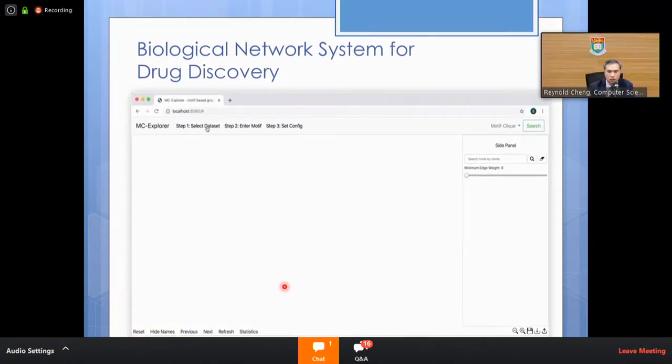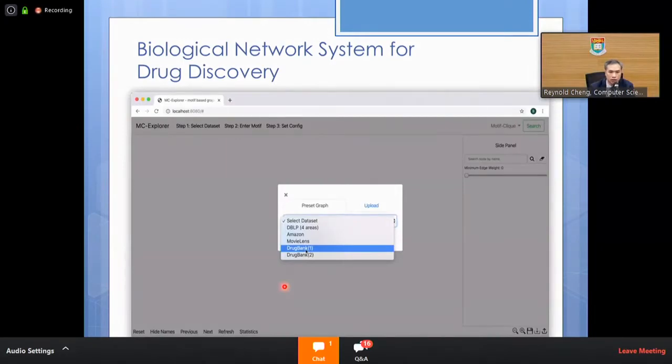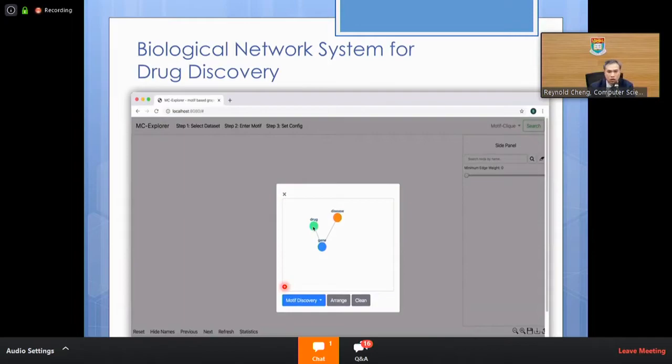It is very interesting research. So here, let me show you our user interface, designed for finding this kind of cliques or graph patterns. We call it the Motif Clique Explorer. For example, the user could first input the data set such as DrugBank, and then they can draw the motif by themselves, or we also have a module to compute the motif for them.